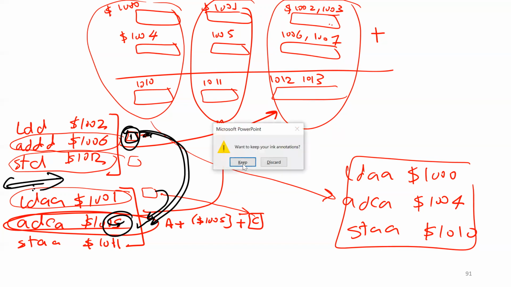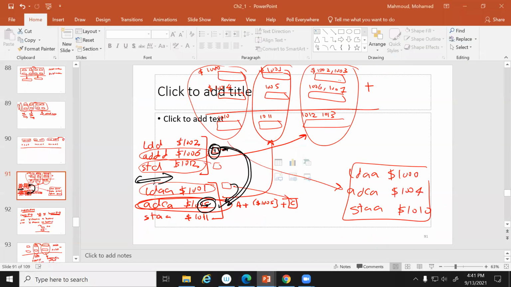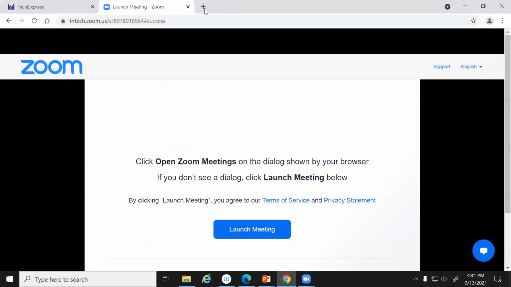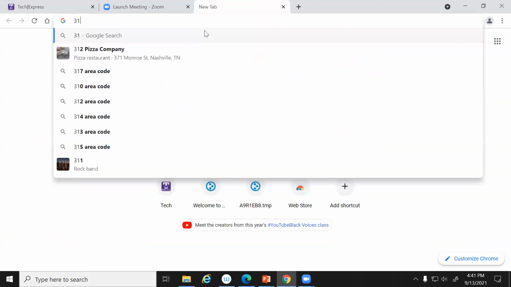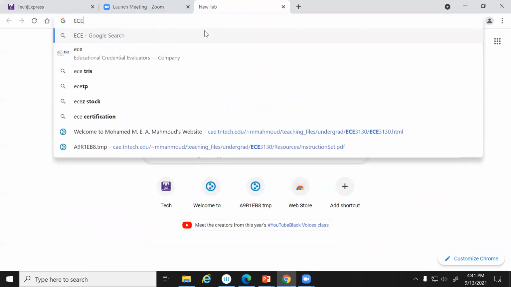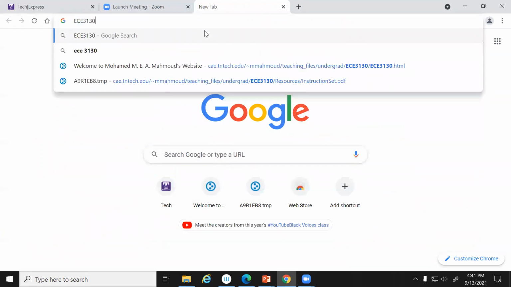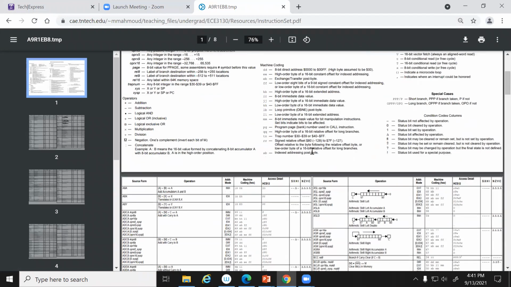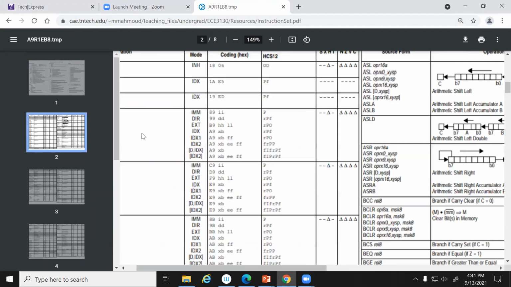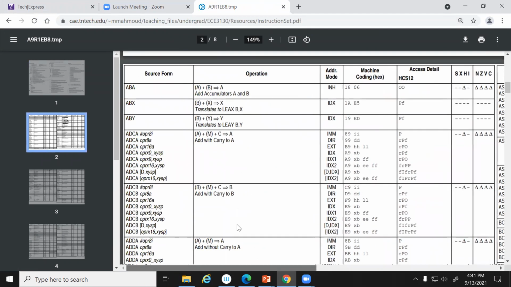So how did you know that the load or store instructions don't change the carry? If you go to the instruction set, for example, let's look at addition.